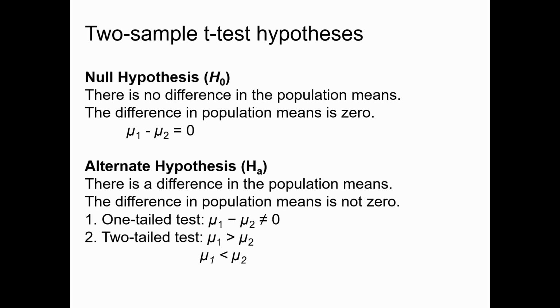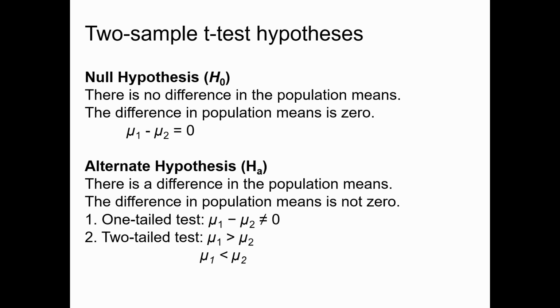One is to say there is no difference in the population means. Another way of saying it is the difference in population means is 0. And an even more compact and simple mathematical way of saying it is that the population mean for sample 1 minus the population mean for sample 2 is equal to 0.